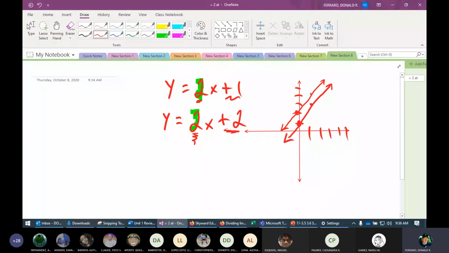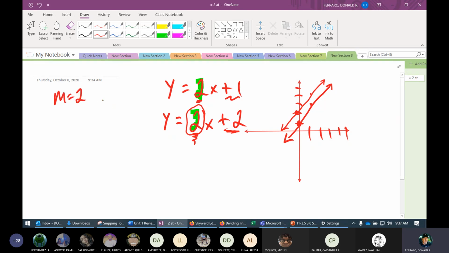I think we went over this last time. If I wanted a line that was perpendicular to this line, again, whenever we're talking about parallel lines or perpendicular lines, we're looking at the slope. And for perpendicular lines, all we're going to do is take the slope. So the slope in this equation, m is equal to 2.